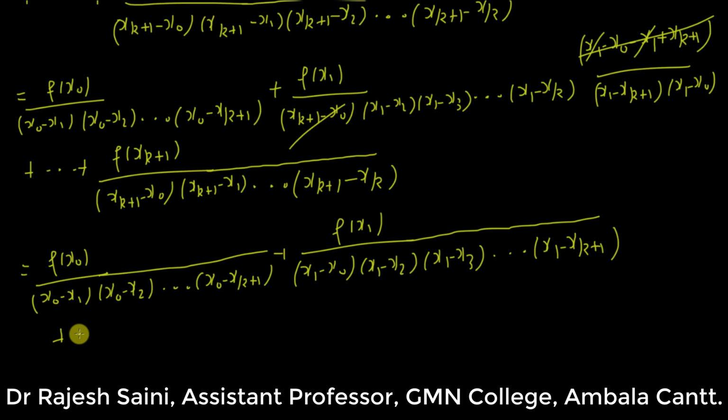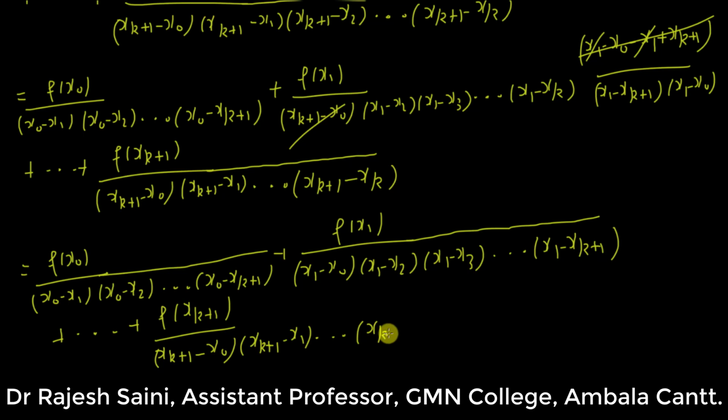Fine. So plus last term is f of x k plus 1 divided by x k plus 1 minus x naught, x k plus 1 minus x1 up to x k plus 1 minus xk.